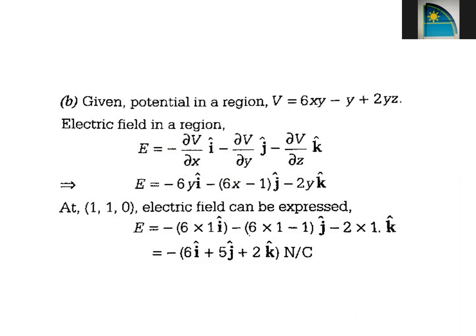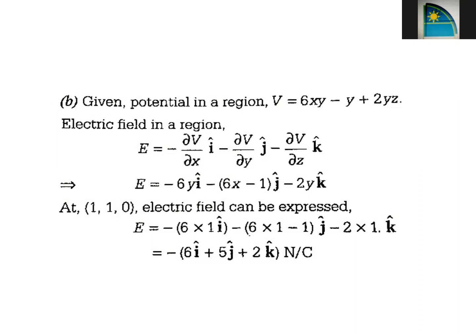As you can see in this particular case, we will get X component of electric field, which we denote by I cap, Y component of electric field, which we denote as J cap, and Z component of electric field, which we denote as K cap. And then we will just take the magnitude of the electric field. We'll fill the value for R, and then we can actually find the magnitude.